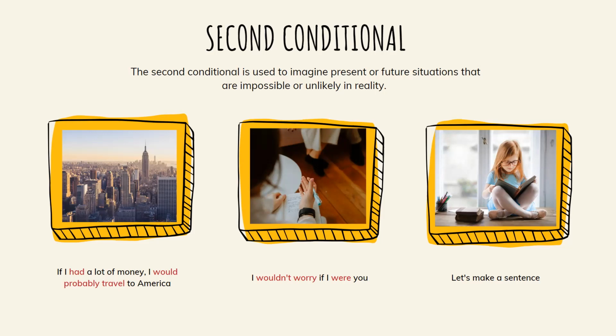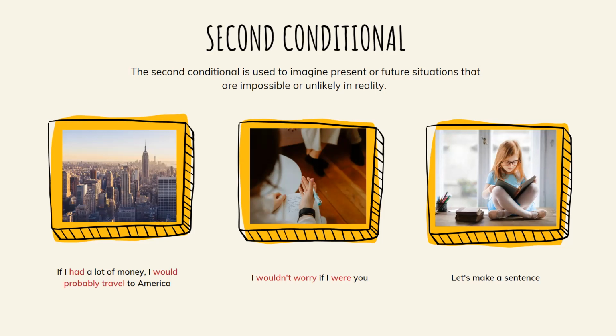For example, second conditional we never use for past situations. Imagine something happened in your life and it has already happened in the past, and you cannot use the second conditional for it. Second conditional we use for present and for the future, for unreal, let's say, situations, right? So when a person says, if I had a lot of money, I would probably travel to America, the person is just imagining.